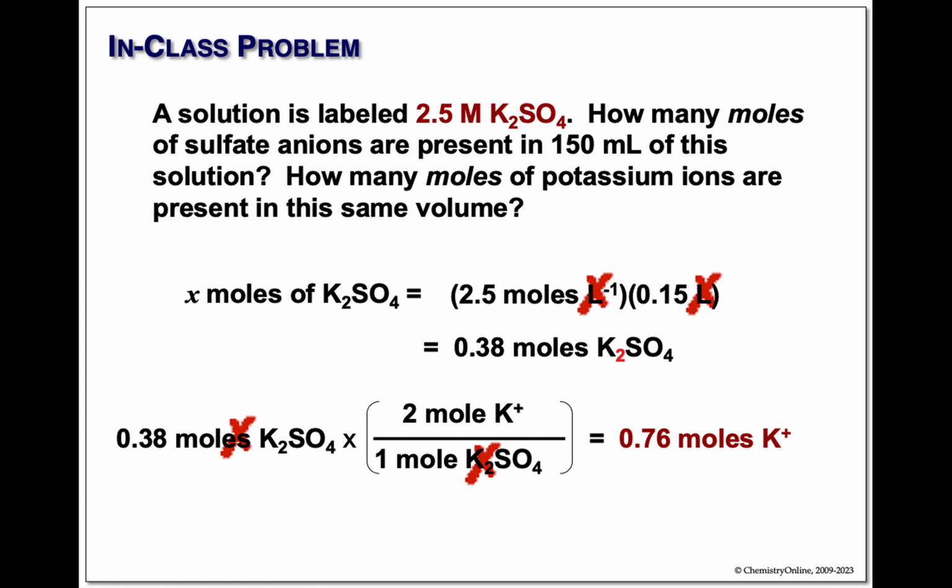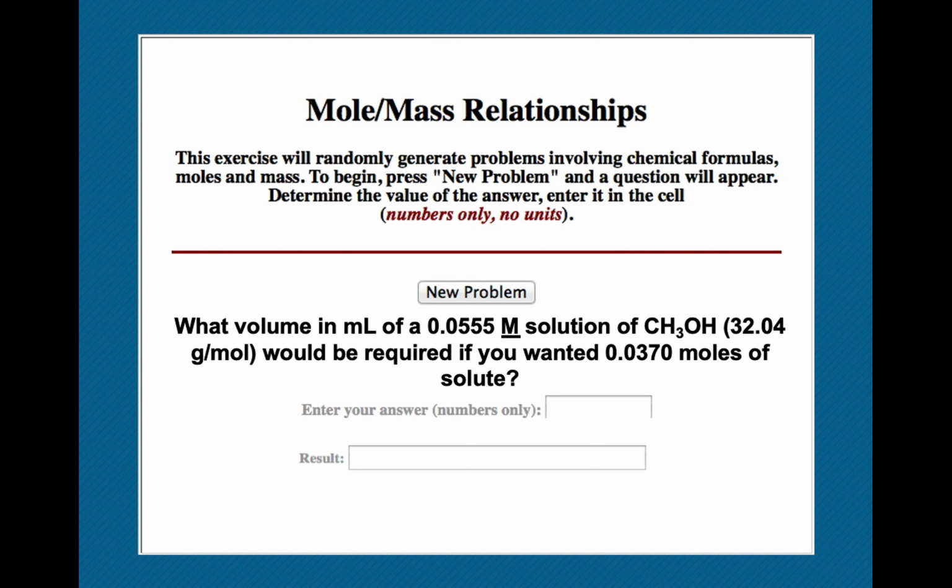Our second tutorial, mole mass relationship. We want volume in mL. So this, you have to do a couple conversions here probably. Here's our concentration of methanol. Here's its molar mass. We want 0.03 moles of solute. All right, we have a concentration. We're looking for a volume.